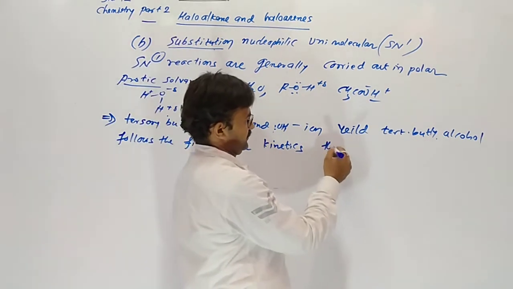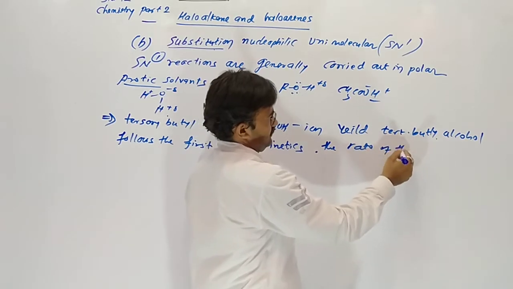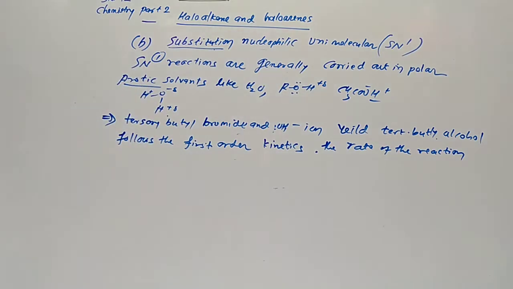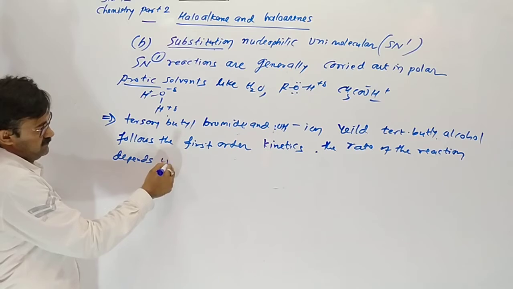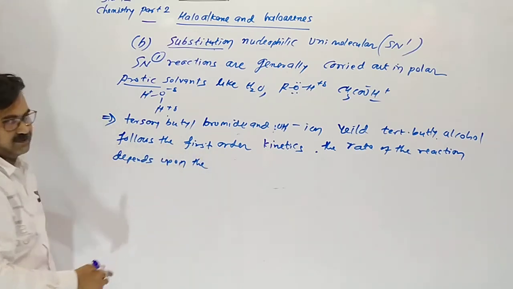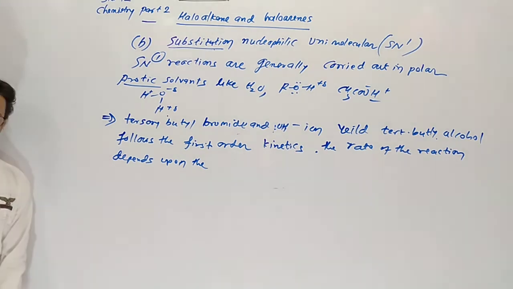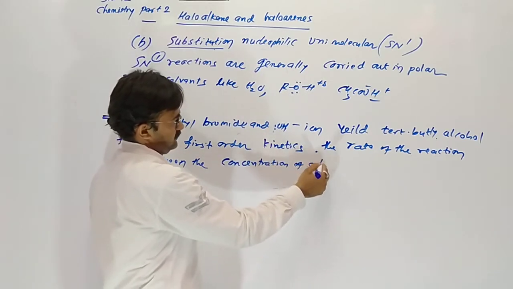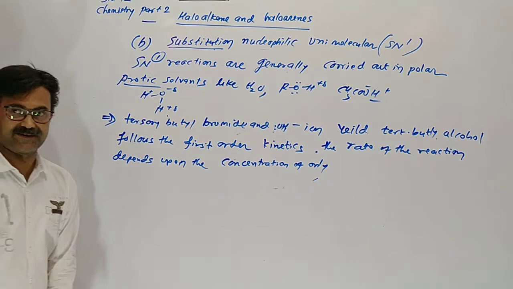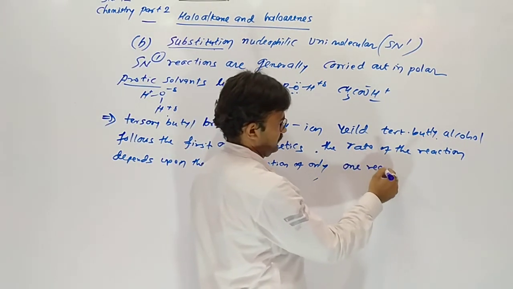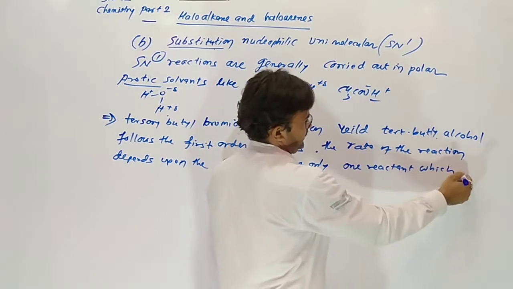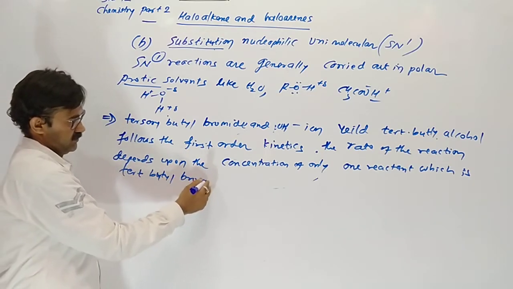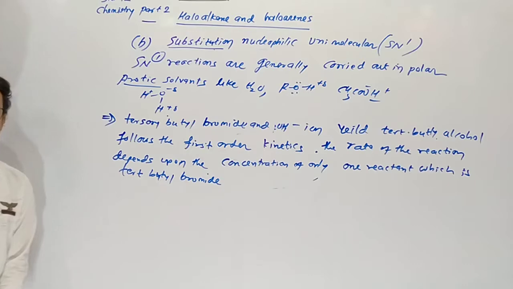The rate of the reaction depends upon the concentration of only one reactant, which is tertiary butyl bromide. So I am giving you an example.